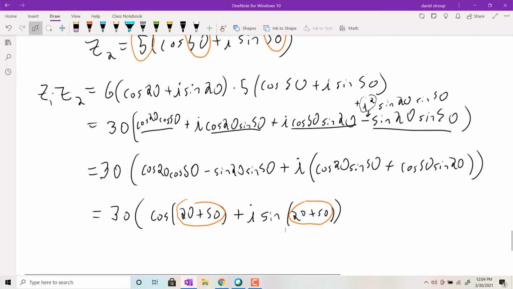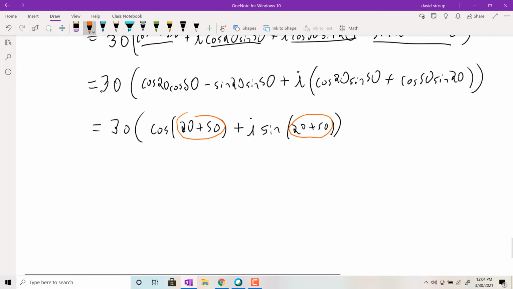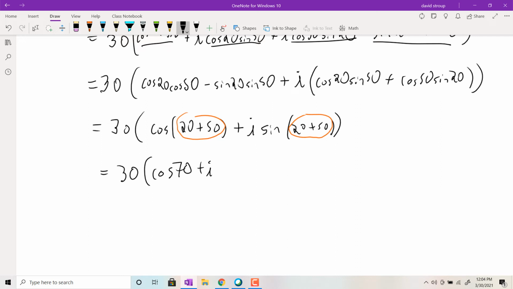So it turns a multiplication into a quasi-multiply and then a quasi-addition. There's a multiplication of the moduli and then an addition of the arguments. So in the end, it'll become 30 times cosine 70 plus i sine 70.